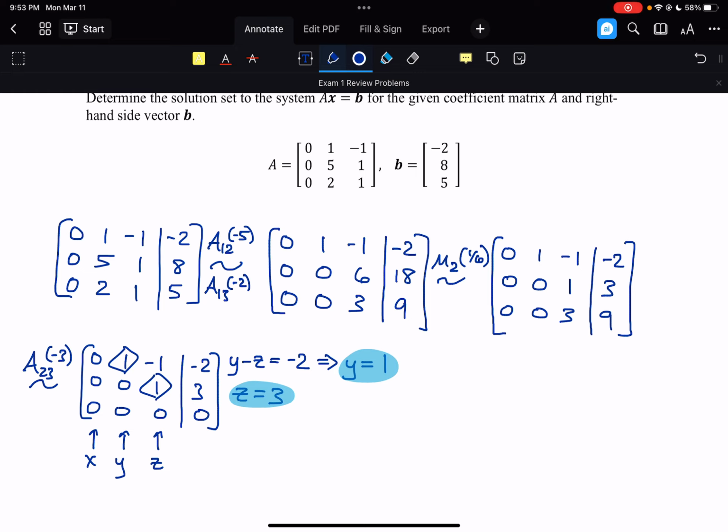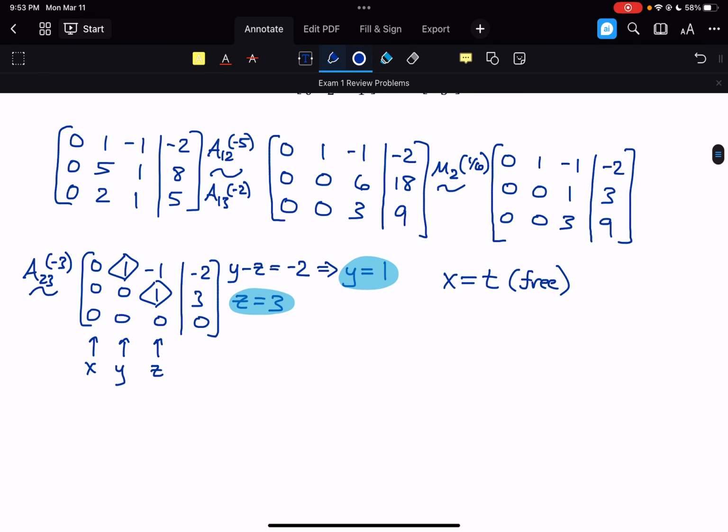And this is what we call a free variable. So x will be t, which is a free variable. And again, that is because it is in an unpivoted column. Because there is a free variable present, that does mean that we're going to have infinitely many solutions. The question is asking for the solution set.